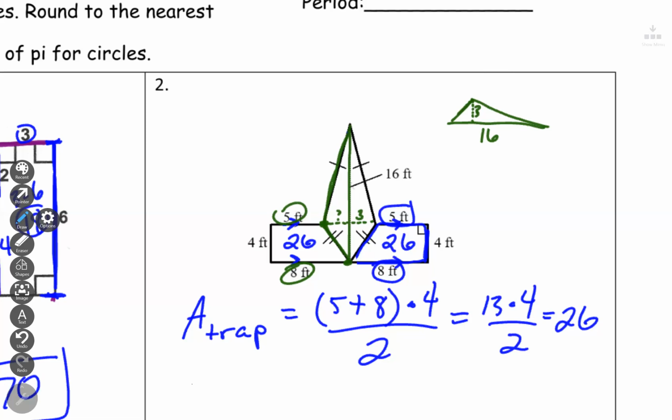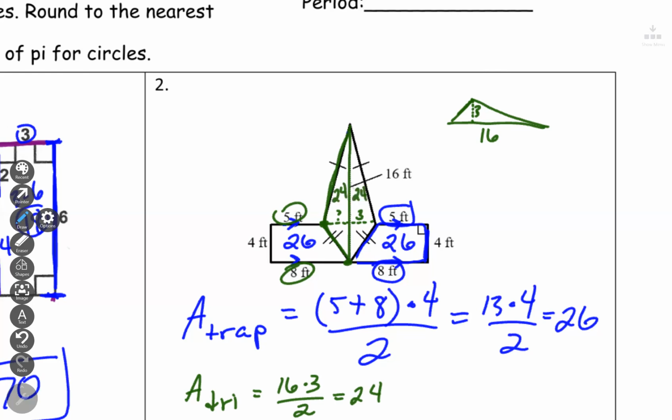So now for the area of our triangle, it's base times height divided by 2. So 16 times 3 divided by 2. So 16 times 3 is 48. Divide that by 2, and you will get 24. So the area of these triangles are each 24.